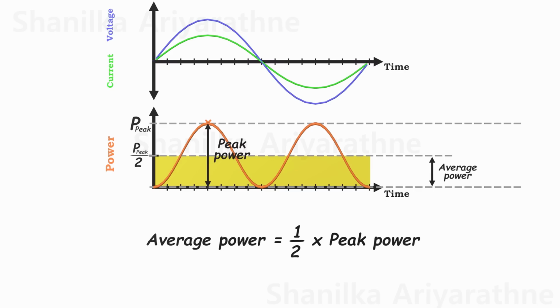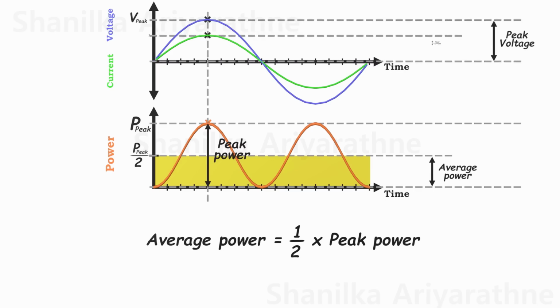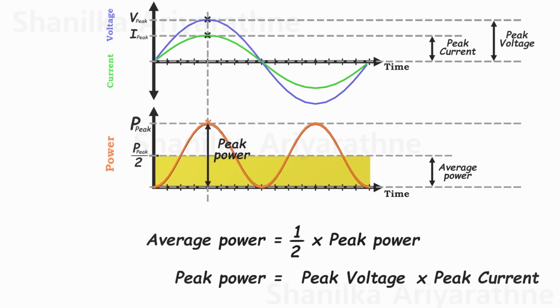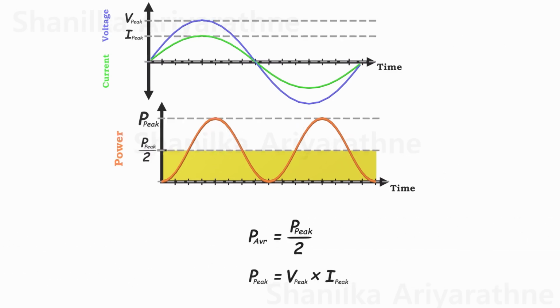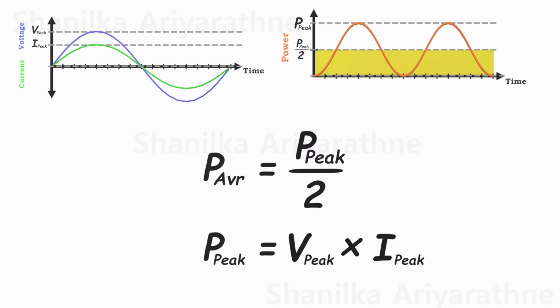It's the highest value of voltage multiplied by the highest value of current. In essence, the average power in an AC system is always half of the peak power. Furthermore, the peak power is equal to the product of the peak voltage and the peak current. This relationship is crucial for understanding and calculating power in alternating current circuits.